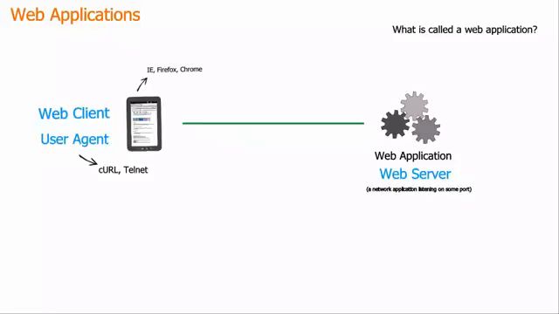So the web client or the user agent communicates with the web server to get its job done, and for this communication, and actually for any communication, both the parties need to use the same set of rules or grammar, which we call protocol in technical terms. You got what is called a protocol?